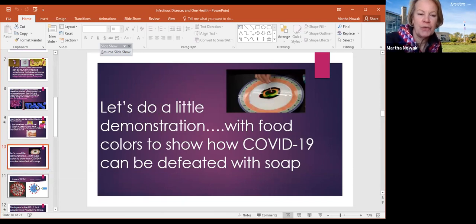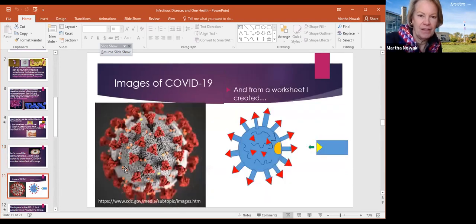This was our little demonstration. And I'm going to show you the next thing, which has to do with a little worksheet I came up with. I made a model of the COVID-19 virus and I put it on paper. Let me get my other play toys out of the way and show you this.